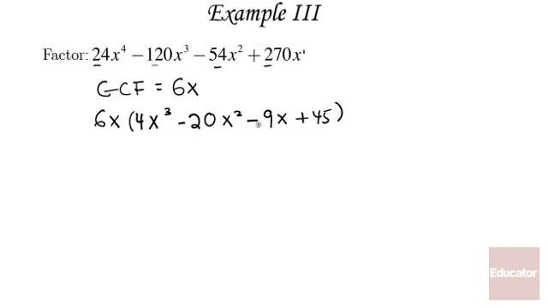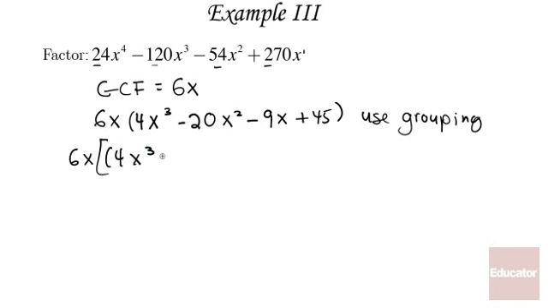Now, I would handle this by using grouping, because I've got a polynomial with 4 terms. So I'm going to use grouping. Recall that to use grouping, you're going to group the first 2 terms and the second 2 terms.